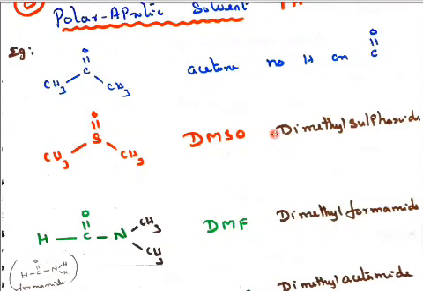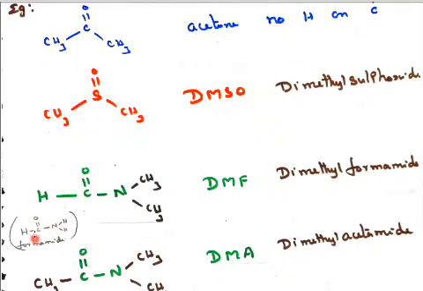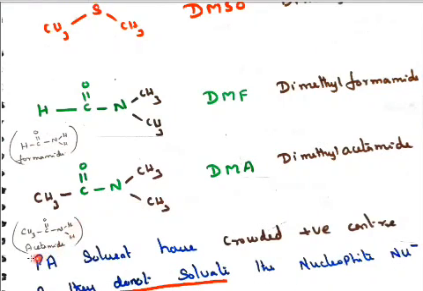Dimethyl sulfoxide is also a crowded one. Then formamide: HCONH2 is called formamide. This is the basic formula, HC=O NH2. In this NH2, the two hydrogens are substituted with two methyl groups, so this is called dimethyl formamide. Dimethyl formamide is also an example of polar aprotic. And this is acetamide, CH3CONH2.